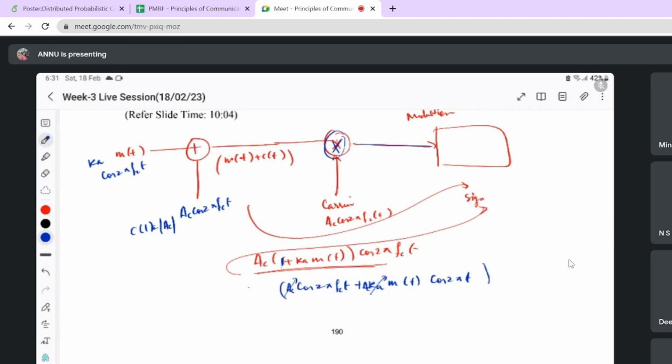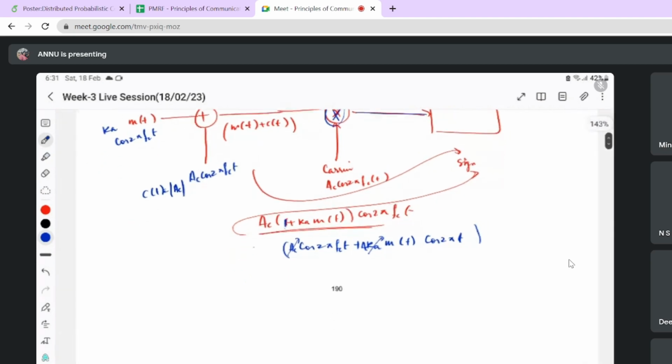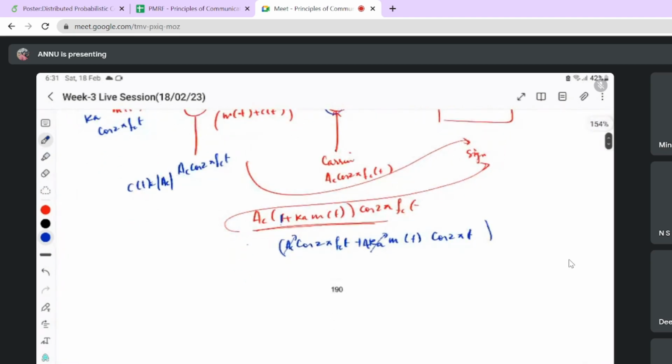So what is the fundamental? The fundamental of this is, first of all, you multiply with cos 2 pi FCT for modulation, and again multiply with cos 2 pi FCT for demodulation, because when you multiply this you will have several frequencies: cos 2 pi FCT into cos 2 pi FCT.